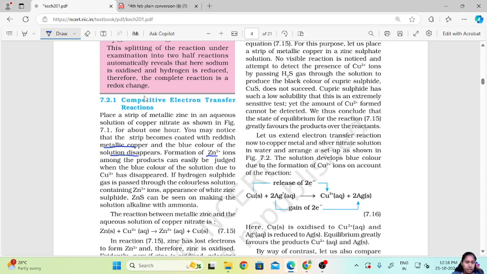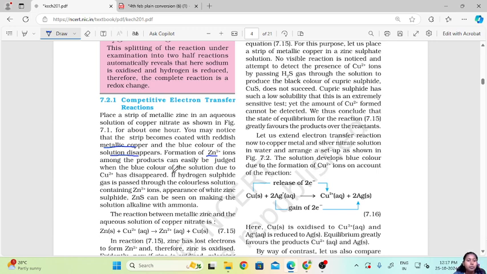Now, when we place metallic zinc in an aqueous solution of copper nitrate for an hour, the copper nitrate solution basically has a blue color, right? You may observe that the zinc strip becomes reddish in color, and the blue color of the solution disappears, as the reddish metallic copper is coated on the zinc strip.